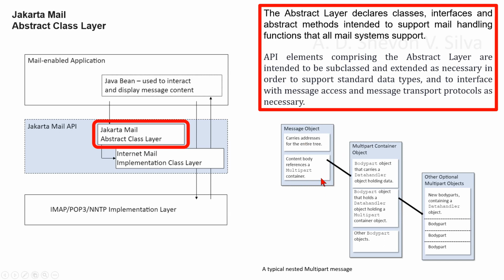The multipart container is connected to a body part object that carries a data handler object holding data, another body part object that carries a data handler object holding data, and a body part object that holds a data handler object holding a multipart container object. Other body part objects are inside the multipart container object.